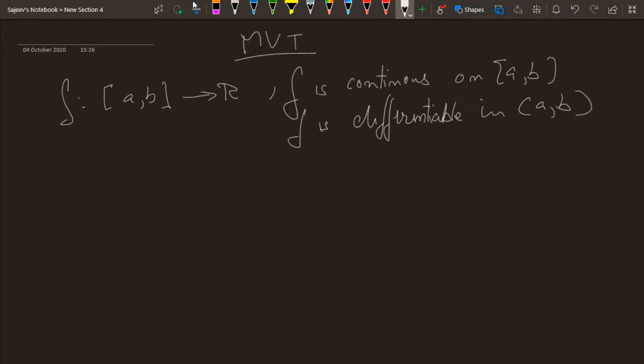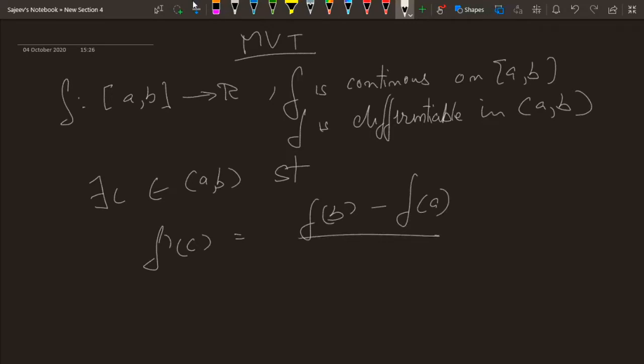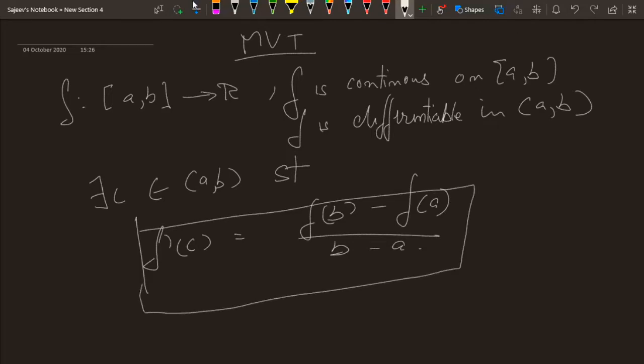Then we can say that there exists a c belonging to a comma b such that f dash of c is equal to f of b minus f of a by b minus a. This is the statement for the mean value theorem.